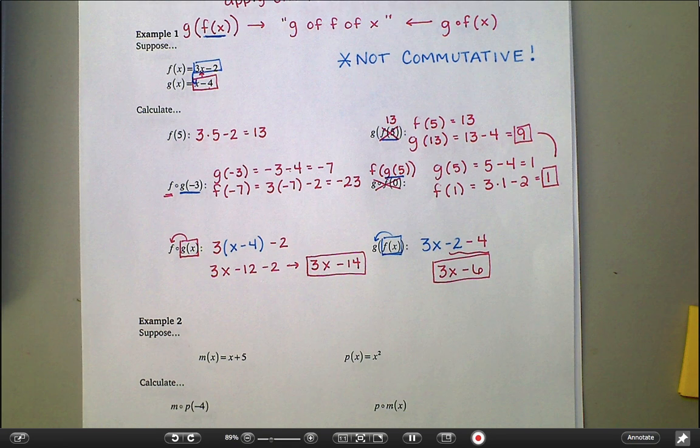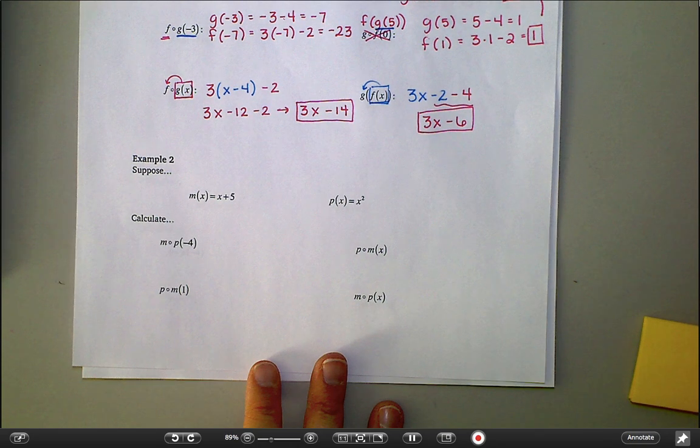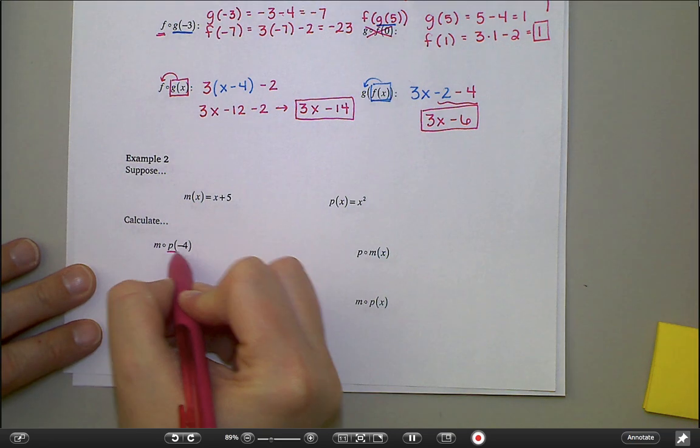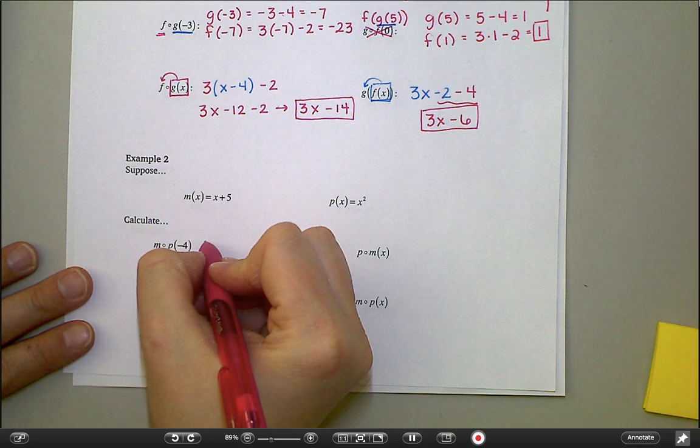Okay, so let's try it with a couple more. These are different functions now. We've got m of x and p of x. Okay, so why don't you go ahead and try, and if you need to pause the video, you can, but go ahead and try to do that first one, m of p of negative 4. Remember that we're really starting with the p of negative 4 piece.